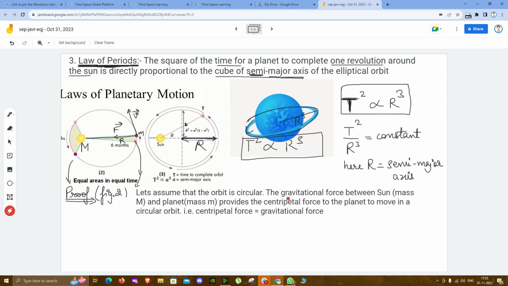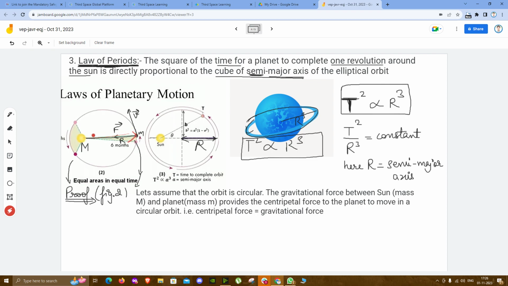Remember the gravitational force between the sun and the planet. You can use figure 2 here. The sun has mass capital M, and a planet has mass small m. We know that the sun's gravitational force is working on the planet.